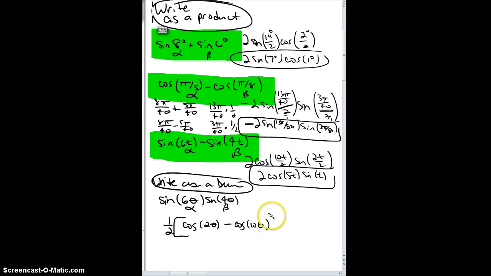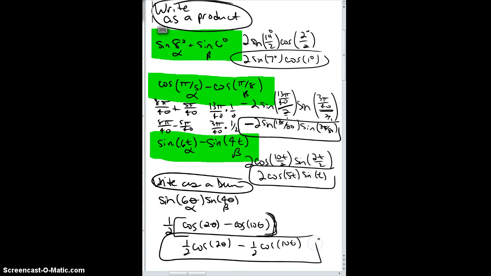And it says write as a sum. Basically, I would be okay if you left it like this. If you wanted to distribute the half and write it a little bit more simplified, you could. All right, and that's your final answer. So again, you're just using formulas to solve these problems.